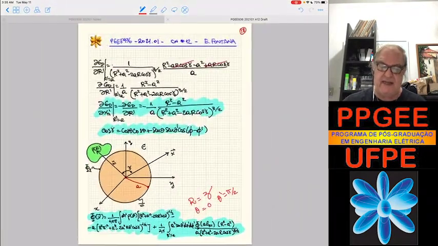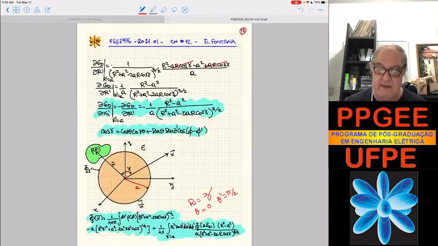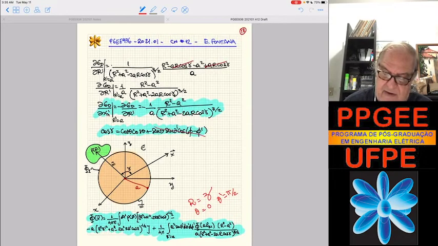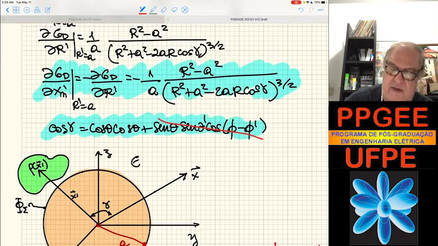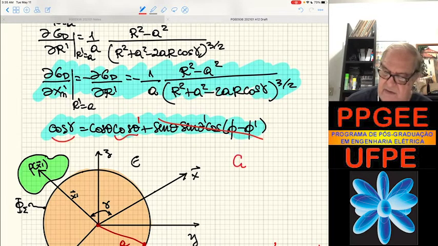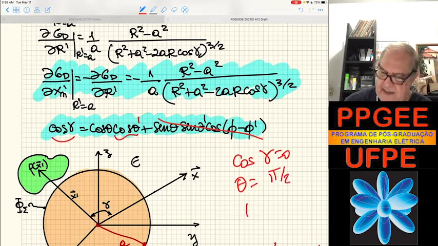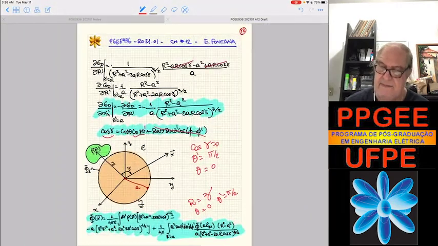If you look at cosine gamma when you calculate, cosine theta prime is 0, so cosine gamma equals 0, for theta prime equals pi over 2 and for theta equals 0, which is the z-axis, right?